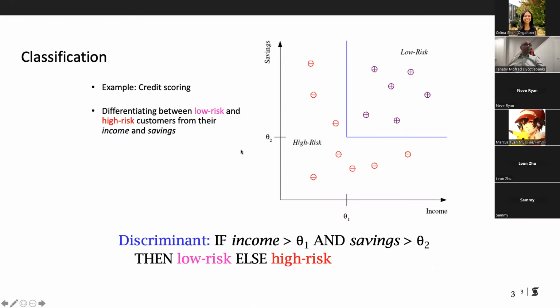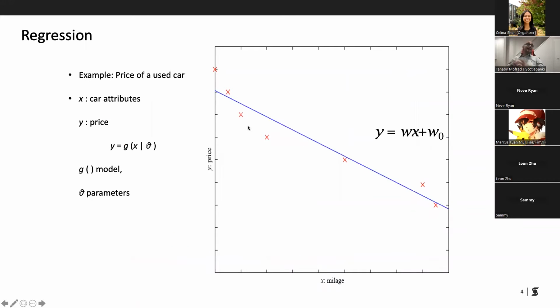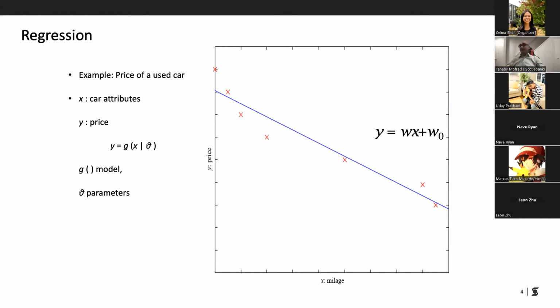Sometimes we want to find the relationship between some of the variables that we have, like independent or dependent variables. These cases are very good cases for another class of supervised learning, which is called regression. Regression in this example, which is a very simple one, looks at the effect of the mileage of a car on the price of a car and tries to find a linear relationship between the price and mileage.